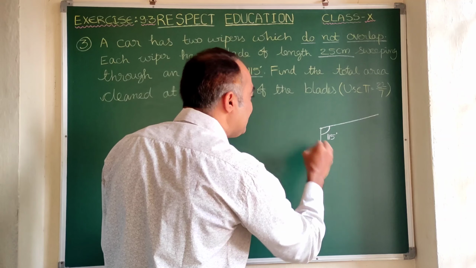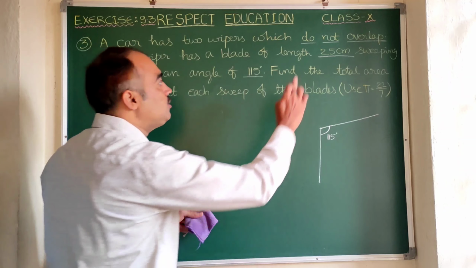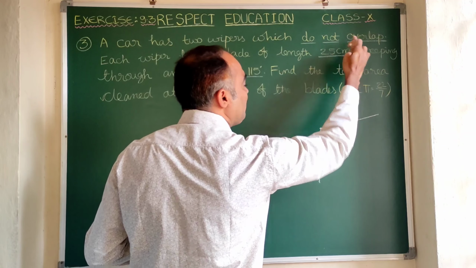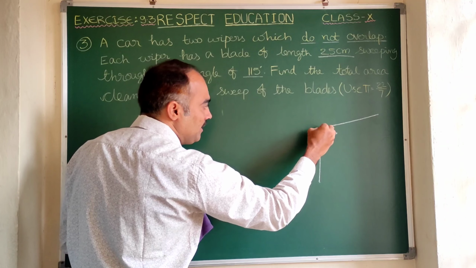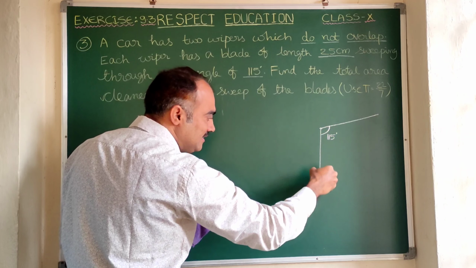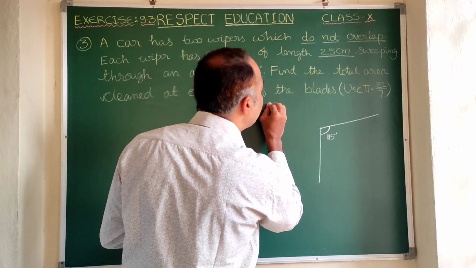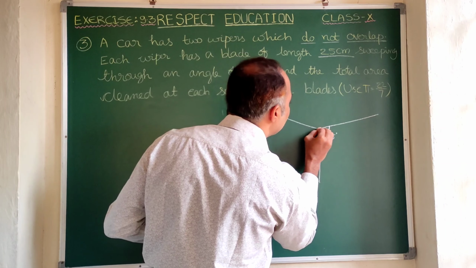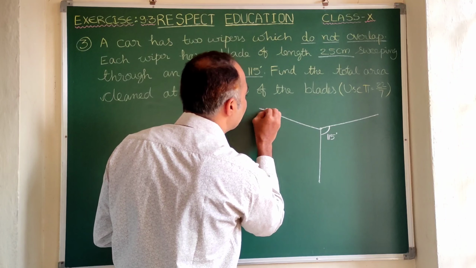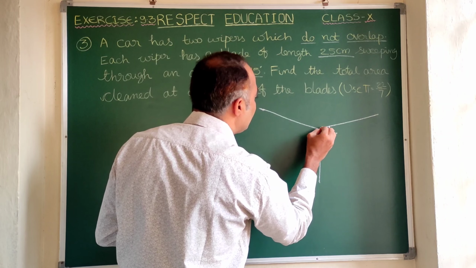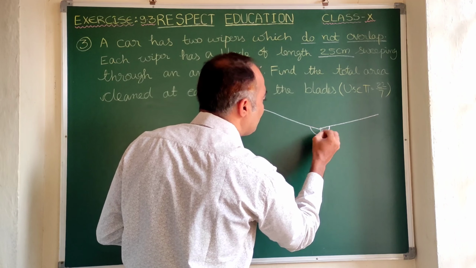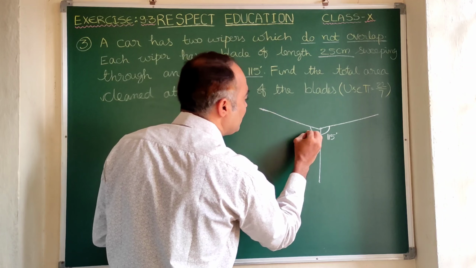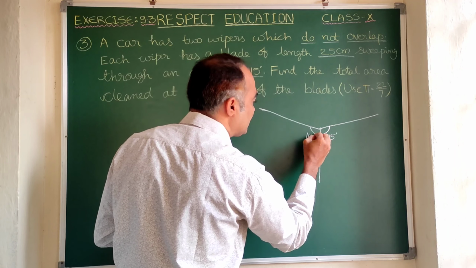At the same time, another wiper is there which does not overlap, in the sense another wiper whose length is the same, it covers 115 degrees. So this is the area swept by the other wiper.